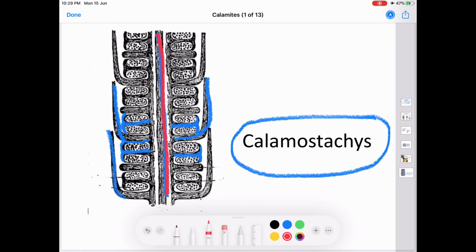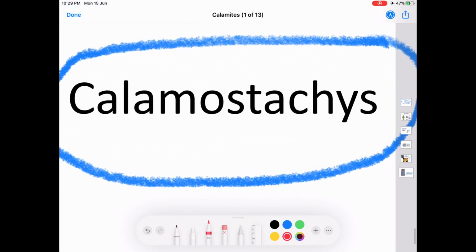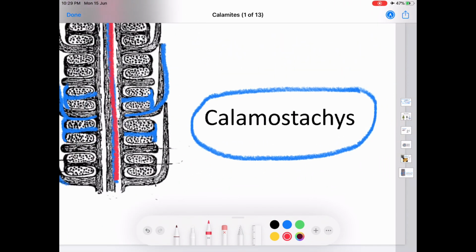The genus Calamostachys had both homosporous and heterosporous species. The strobilus had both types of sporangia in heterosporous forms, that is, the microsporangia and the megasporangia. This is all about the strobilus Calamostachys in the case of Calamites.